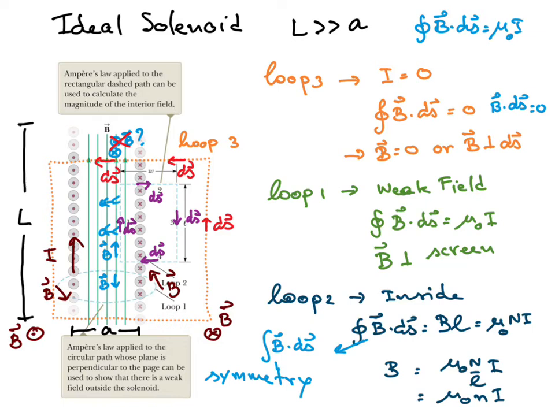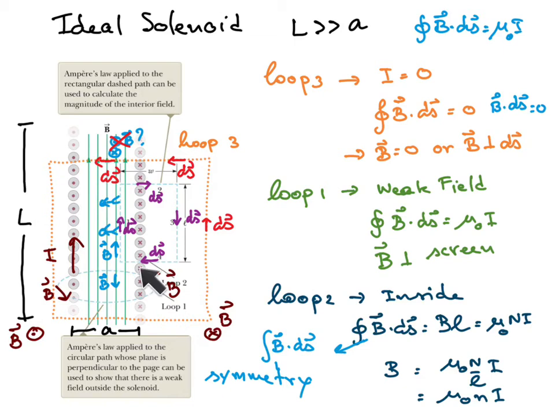Okay. Now, in this case, we have the current pointing into the plane like this. So b must point along the axis of the solenoid, right? And you can see that we have two choices: b points in this direction or b points in the other direction. But if b points in this direction, b dot ds will have a negative value.